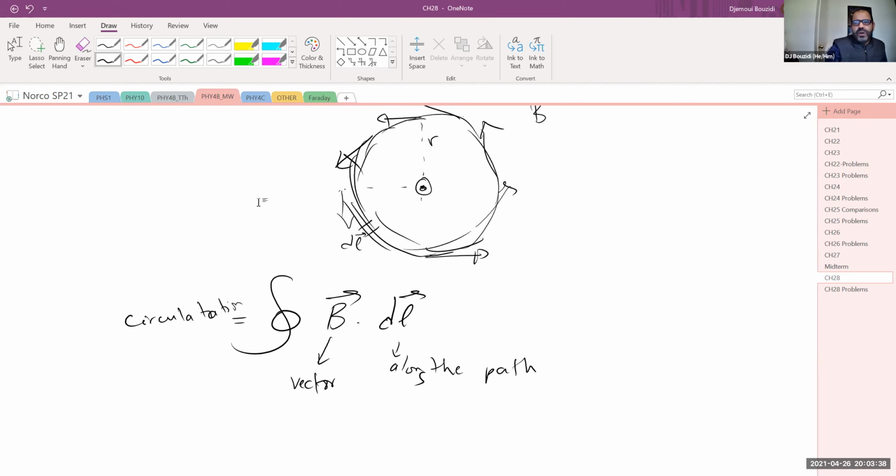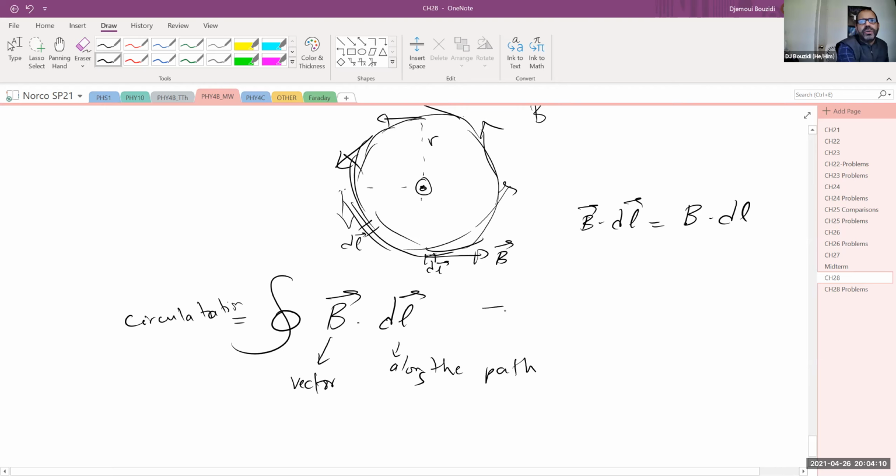So if I do that, first of all, B and dl are parallel to one another at every given point because B is tangent to the circle. And since it's tangent, any dl I choose there is going to be parallel to it. So B dot dl is going to simply be B dl, because they are parallel at every single point on the circle.